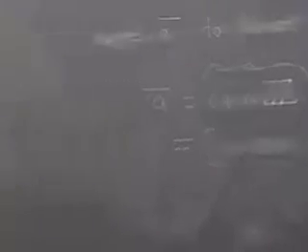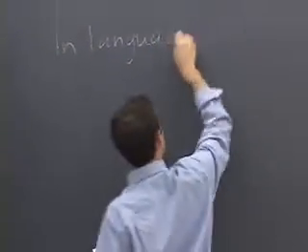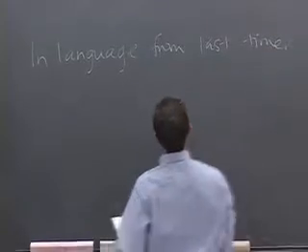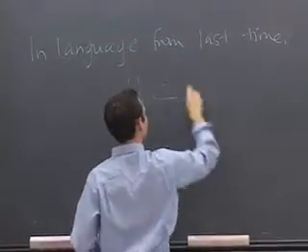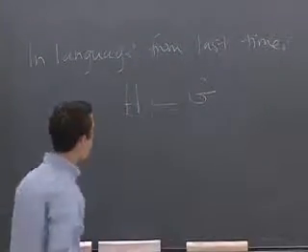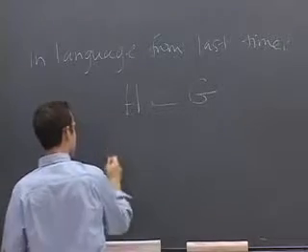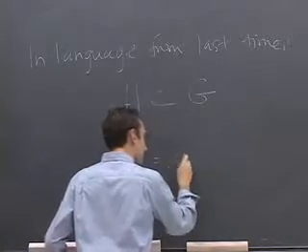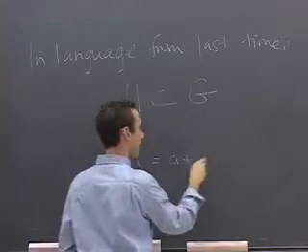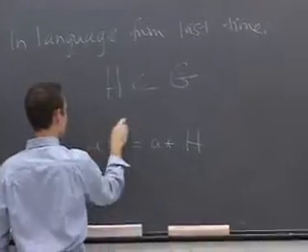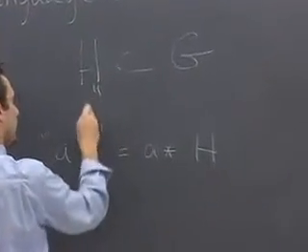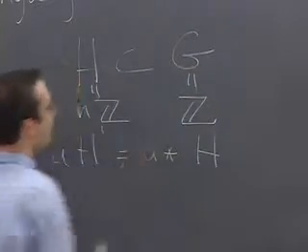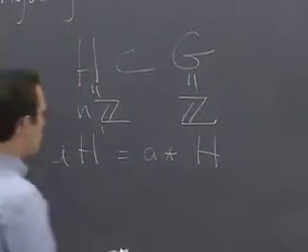In the language from last time, where we had some subgroup H of some group G, we had these things that looked like aH, or perhaps better written a operation H. But we're working with nZ, the subgroup of Z, where the group operation is denoted plus.